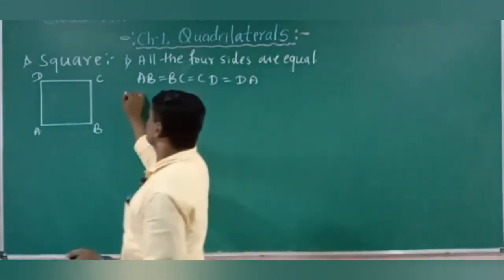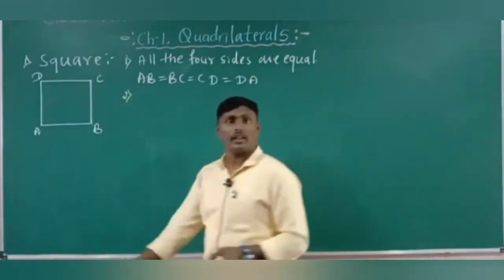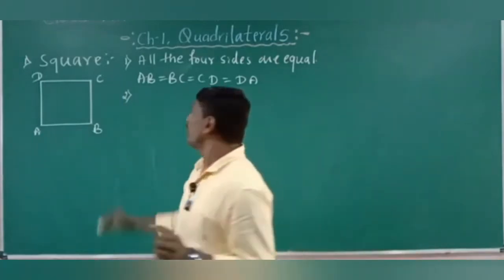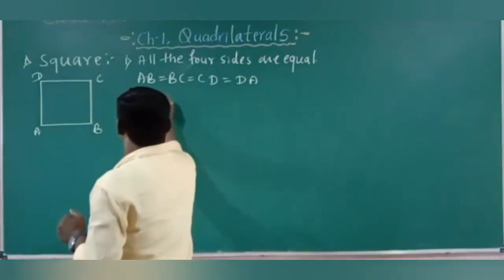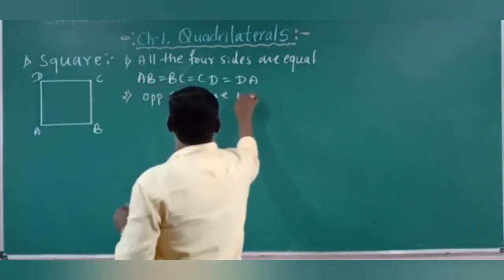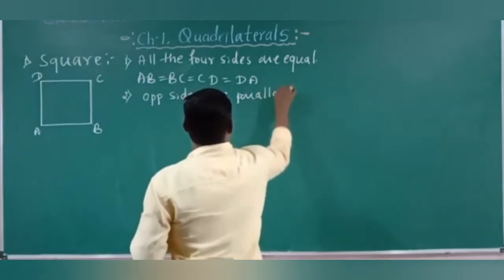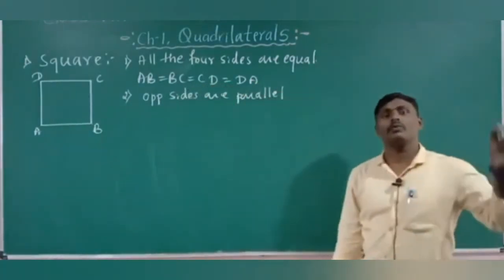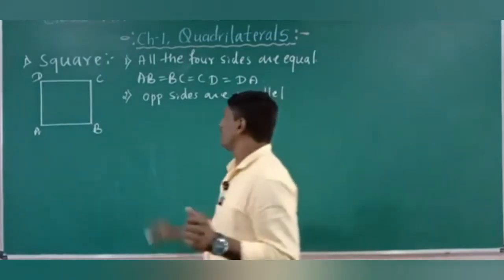Next, second one. The opposite sides are parallel. It means a square is also one of the parallelogram. Okay.